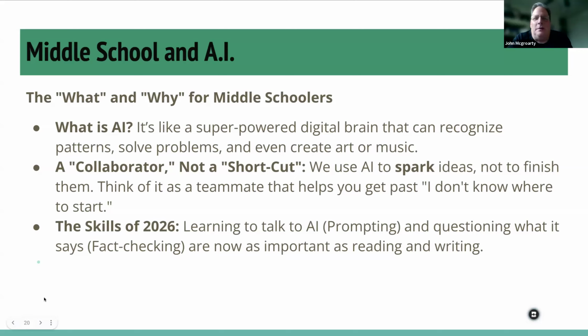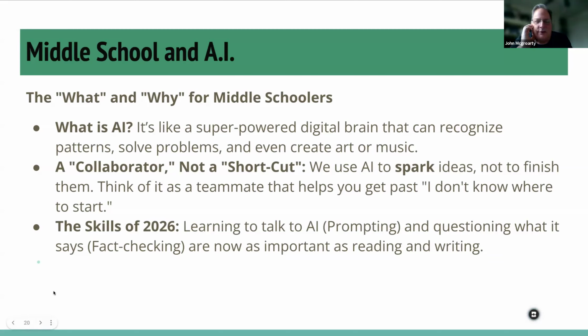Well, AI is the answer. But again, they're 12 and they just want to be on the computer as much as possible. We are encouraged to have them on the computer as much as possible, but we also have to set those boundaries. And of course, AI over the last several years has just become in the forefront of society. The skill set of 2026.